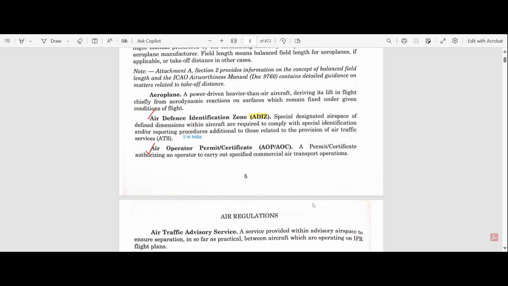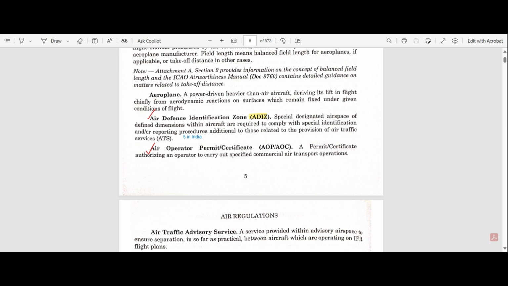Okay, so some of the airspaces, but let me tell you that these airspaces have certified defined dimensions within which the aircraft need to take special identification clearance, and they have to follow reporting procedures additional to those which are related to the air traffic services from the air force. So we have five ADIZs in India. These are basically the FIRs.